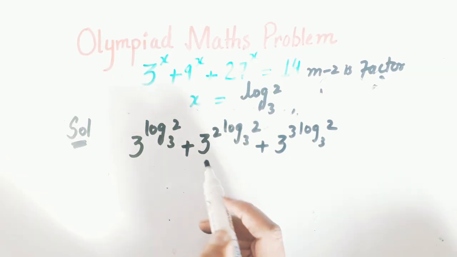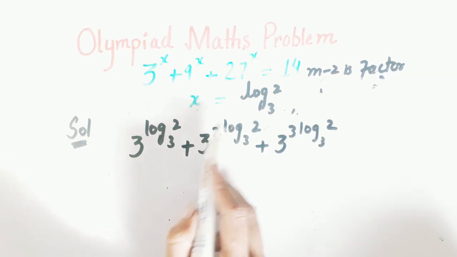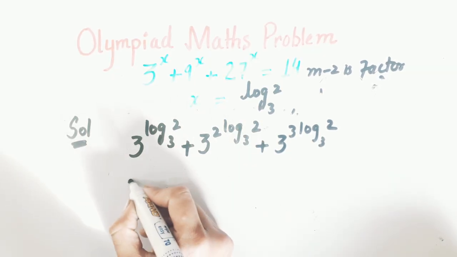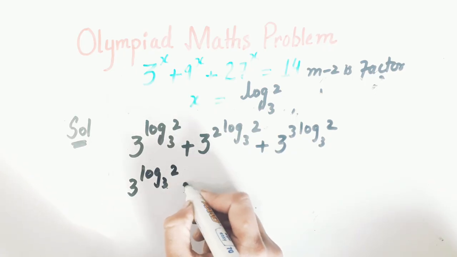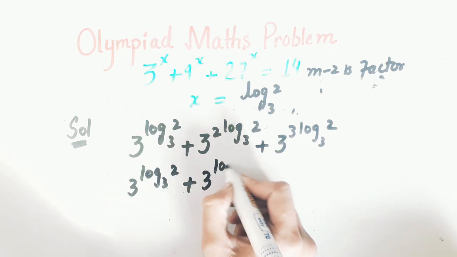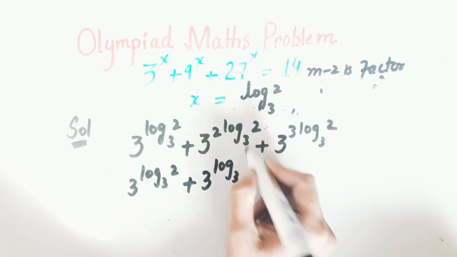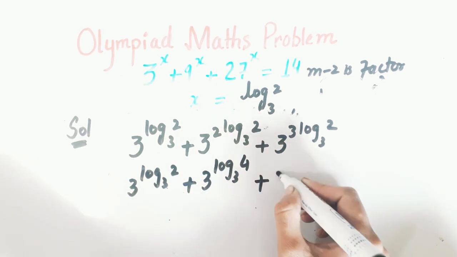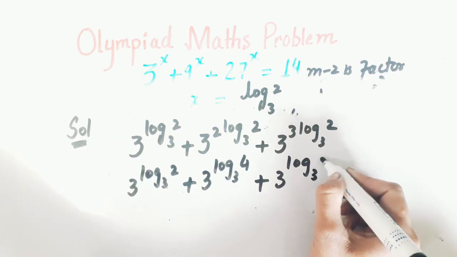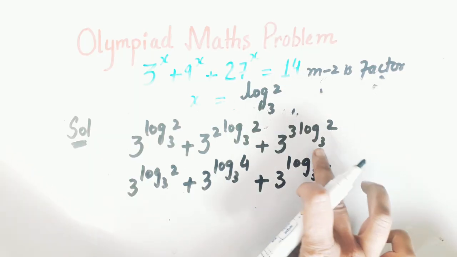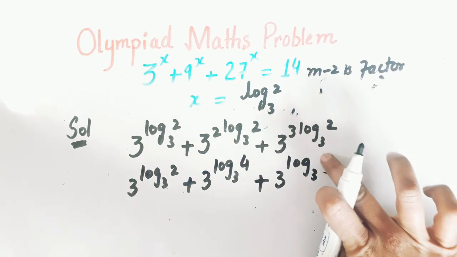We know that according to log rule this is in the power form. So 3 raised to log base 3 of 2, plus 3 raised to log base 3 of 2 power 2, which is 4, plus 3 raised to log base 3 of 2 power 3, which is 8.